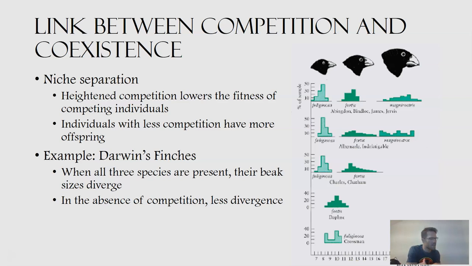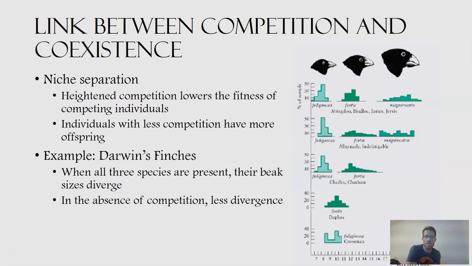So let's think about the classic example of Darwin's finches. We're stepping outside of the disturbance area here, but just to think about this concept. We're thinking about the Galapagos Islands. In this figure, we're looking vertically at five different islands. Each island has Darwin's finches on it, but different groups of species.